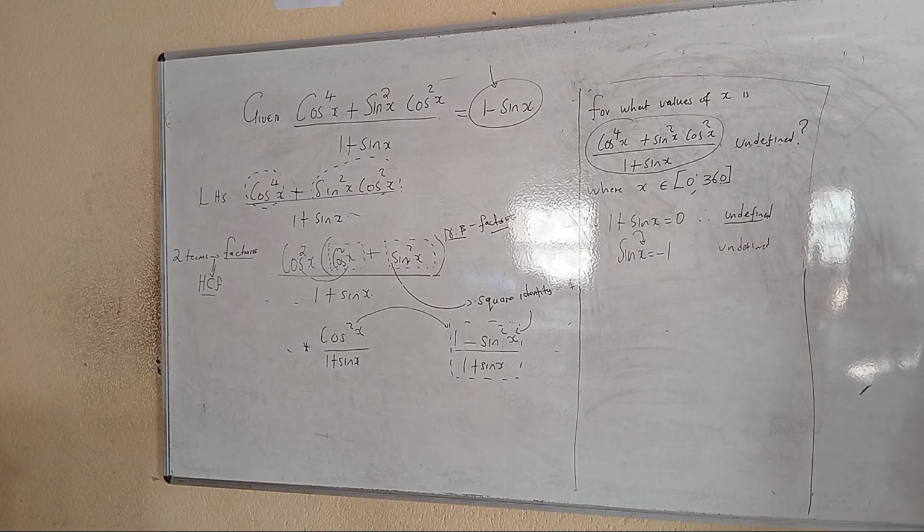You are dealing with what we call a general solution. So, sine x equals negative 1. Let's recall the ideas of a general solution. What do we do if we are working with a general solution?